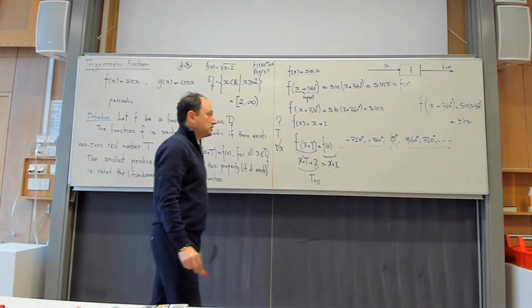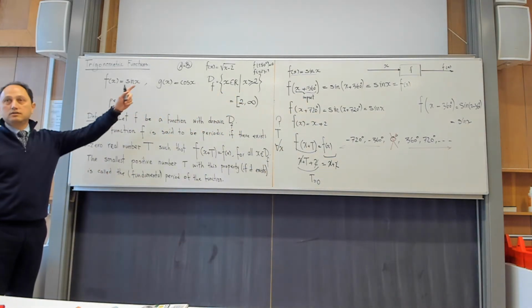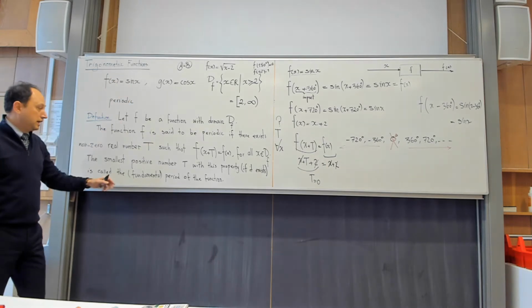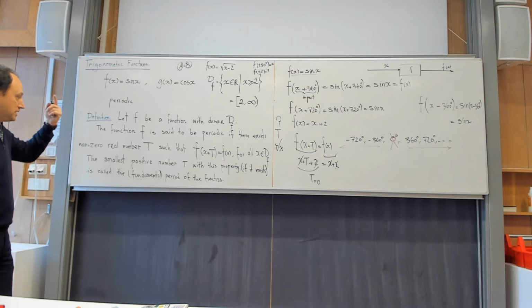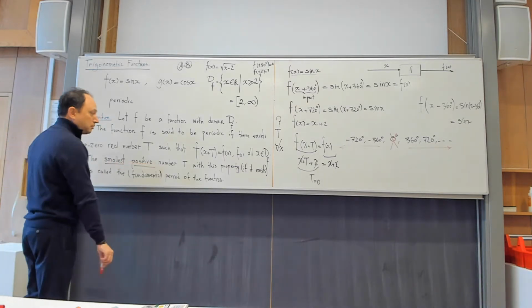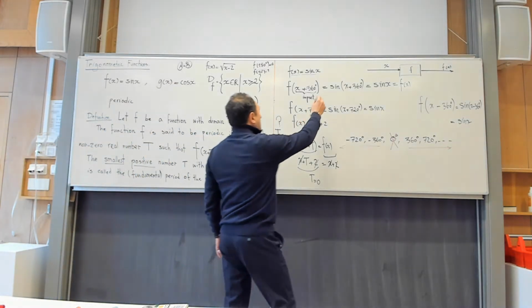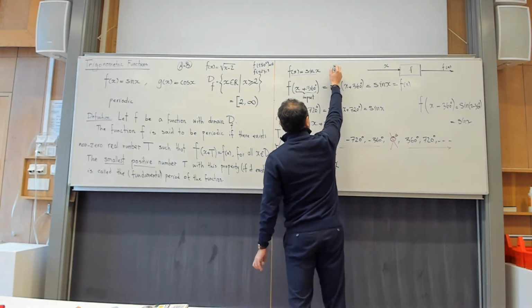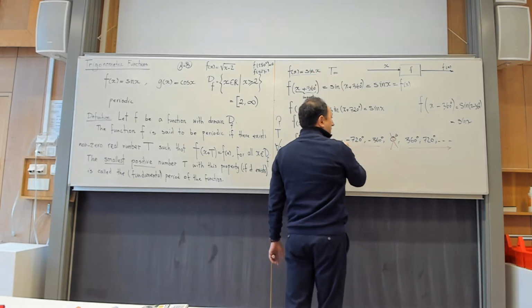So you have infinitely many negative numbers and infinitely many positive numbers working for this function. Now, if I ask you what is the period of that function, I mean one single number if possible, you need to remember the definition. The smallest positive number t with that property. So if I ask you what is the fundamental period or the period of this function, you cannot answer all of them.